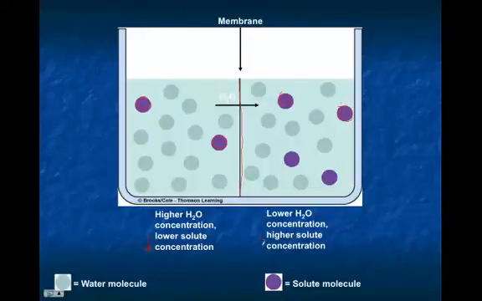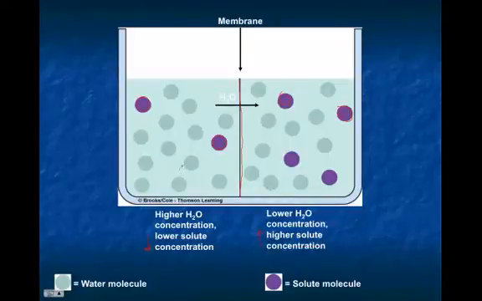And again, for an osmotic gradient to be created, there has to be a solute that cannot cross the membrane. So in this case, our solutes, and again, we're using salt as an example, cannot cross the membrane. So here our salt molecules cannot cross the membrane.